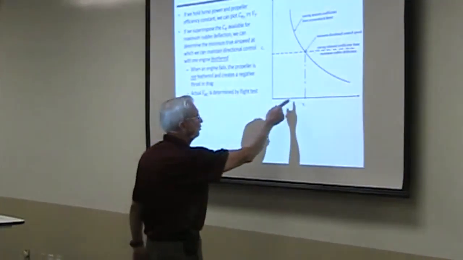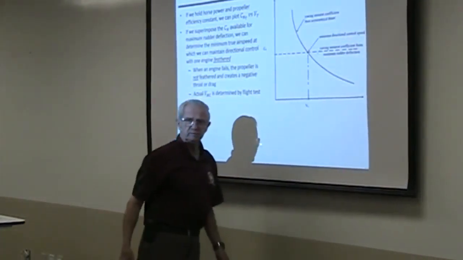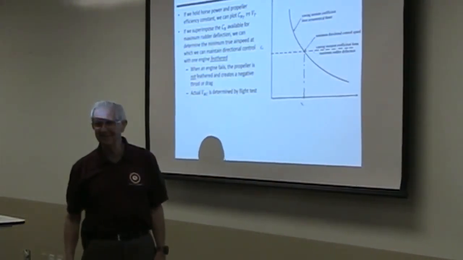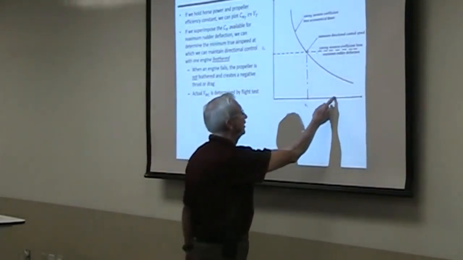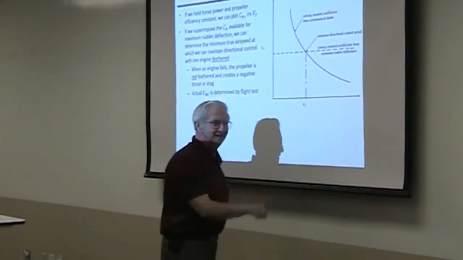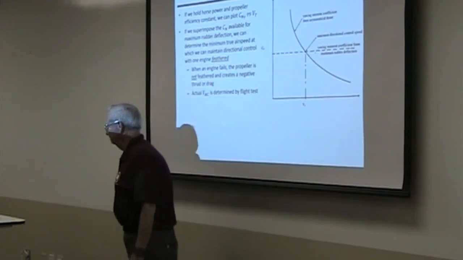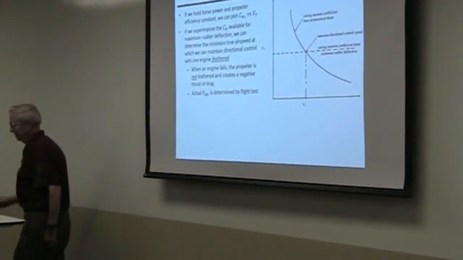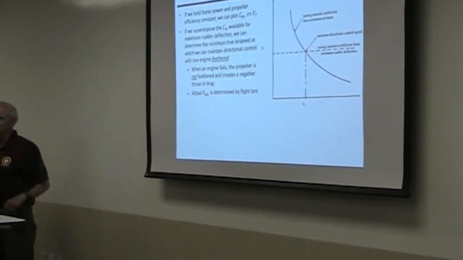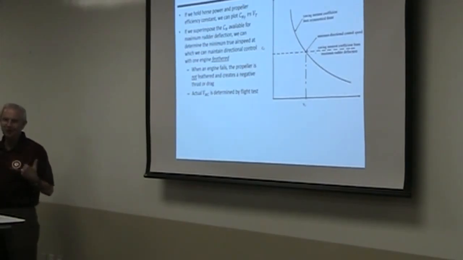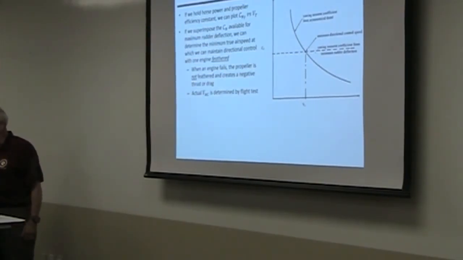So when you go out to test to find the real one, you sure wouldn't want to start back here someplace, would you? You would want to start out here with a speed and work down into that. But this is a useful plot in doing the flight test.